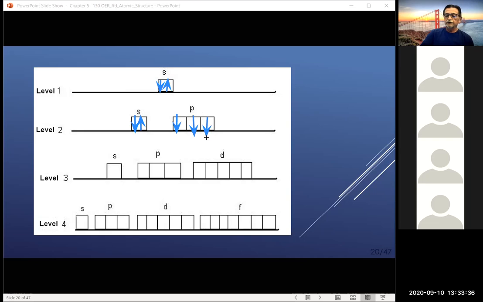Nitrogen has 7 electrons. Now I come up with oxygen and I start filling up the other orbit that was empty. Then after oxygen is fluorine, and I fill that up. And then finally, when I get all the way across the periodic table, I get neon. Neon has 10 electrons.